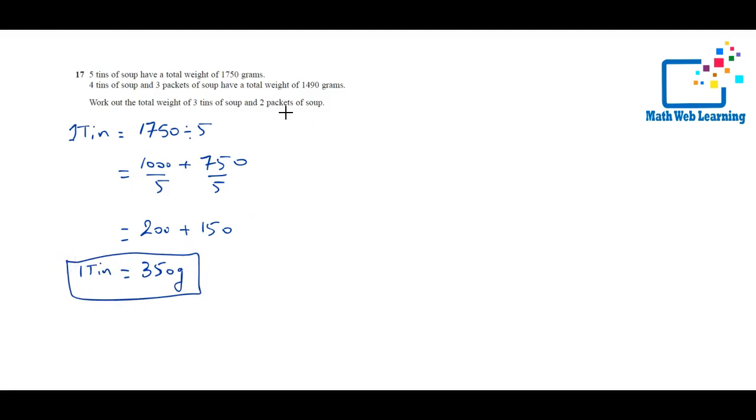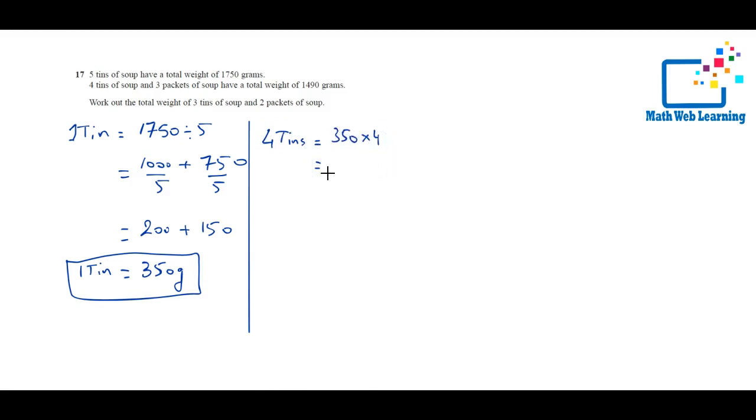Right, now what do I need to do? This line here tells me that 4 tins and 3 packets of soup weigh altogether 1,490. So I need to multiply by 4 and then subtract from here to get the weight of 3 packets of soup. So let's do that. I'm going to draw a line here. 4 tins is equal to 350 times 4.